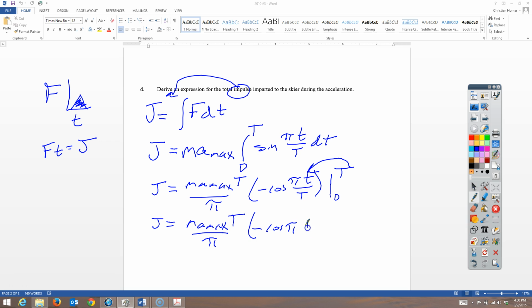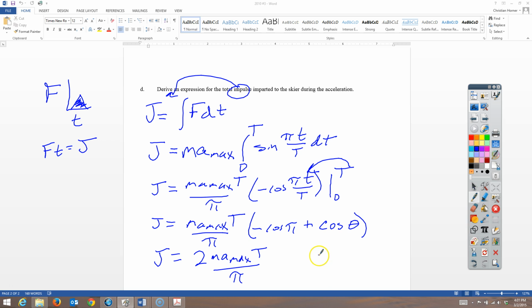And we're going to add that to the cosine of 0. At this point, we can now go through and just say that J should be equal to 2 times the mass times the maximum acceleration times T all over pi.